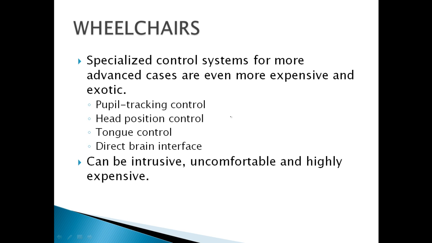Tongue control, where a marker attached to the tongue is used to control the wheelchair. And at the extreme end, there's also a direct brain interface, where signals are taken directly from the brain of the patient to control the wheelchair's motion. These can be, and usually are, very intrusive, uncomfortable, and highly expensive to use.